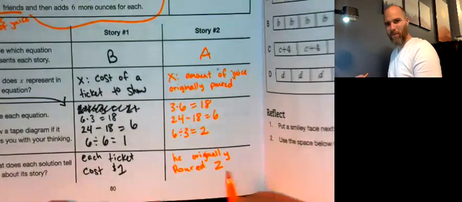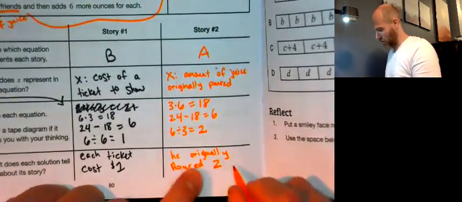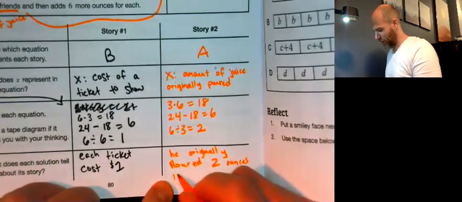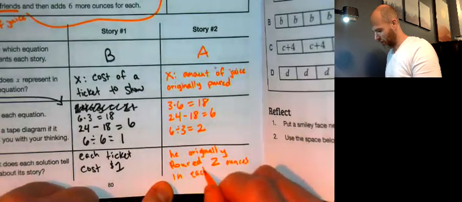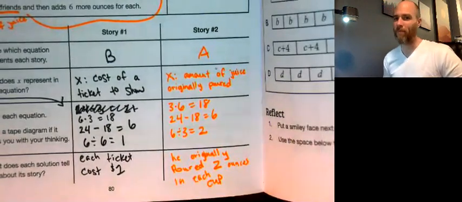Sorry, it's really hard for me to write here because the paper's all curled up and I'm near the wall and I can't even put my pen down right. Originally poured 2 ounces in each cup. All right.